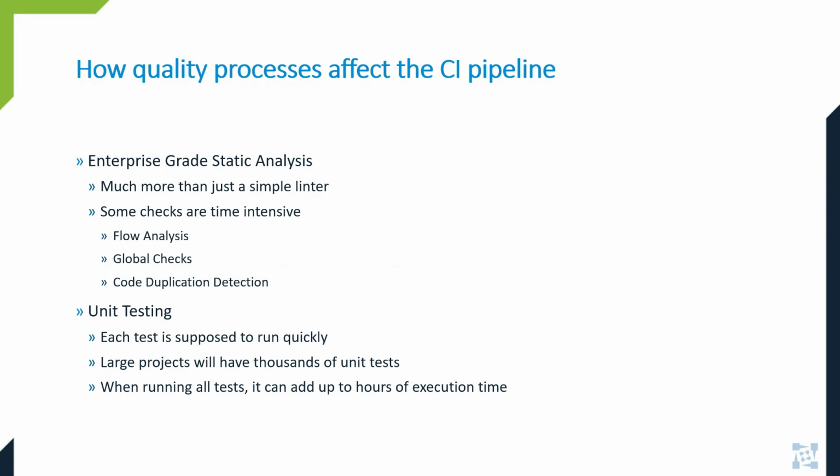And with unit testing, the logic is that each test is supposed to run quickly. But the main problem is that with large projects you have thousands of unit tests, so execution times increase. In some projects we see customers having unit tests that run for hours.